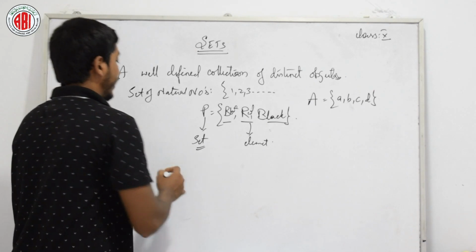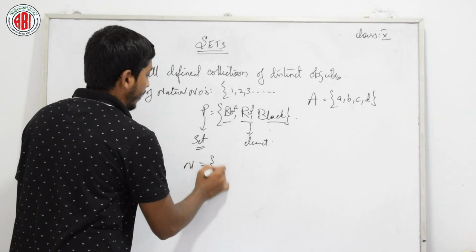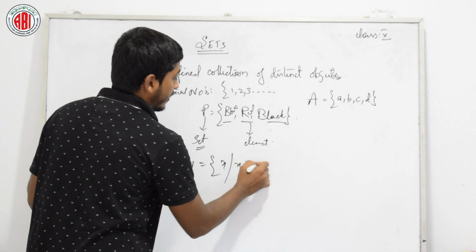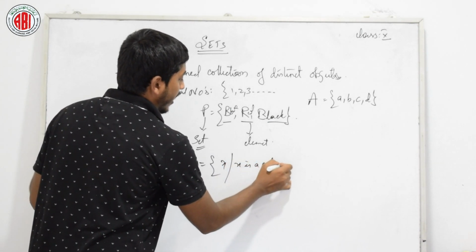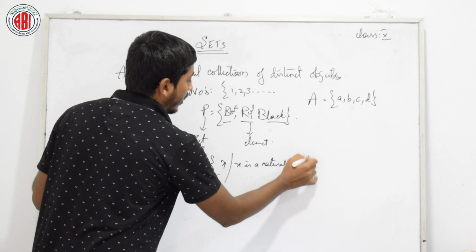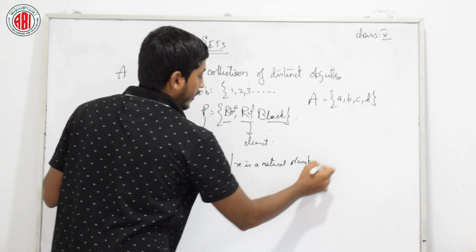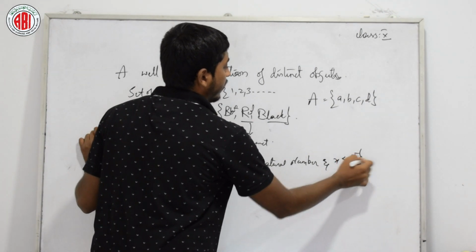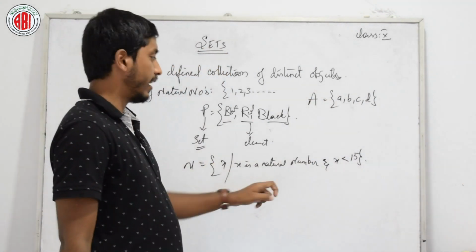Then I can write it as x such that x is a natural number and x less than 15. Is it right? Can I write like this?